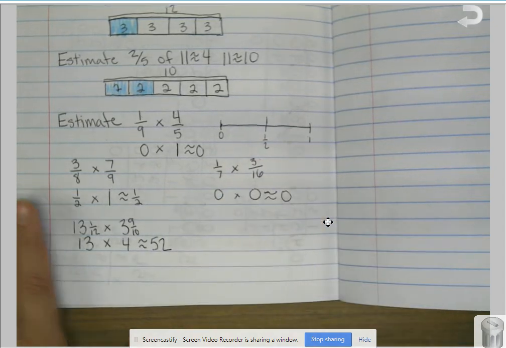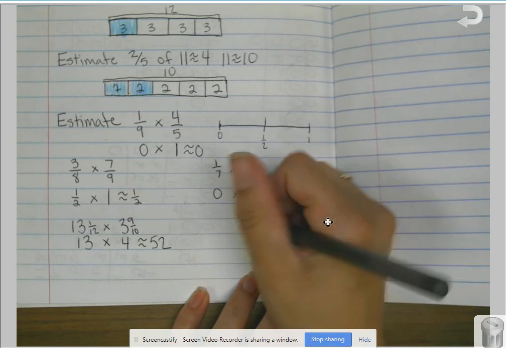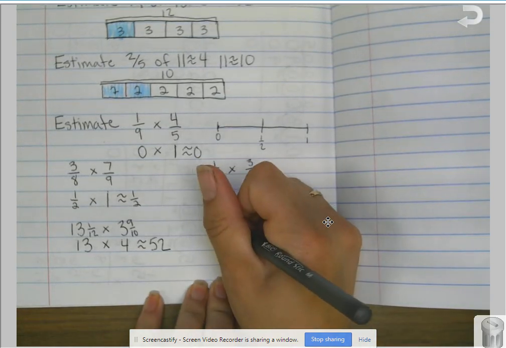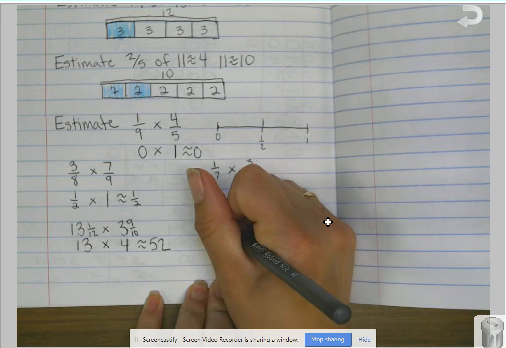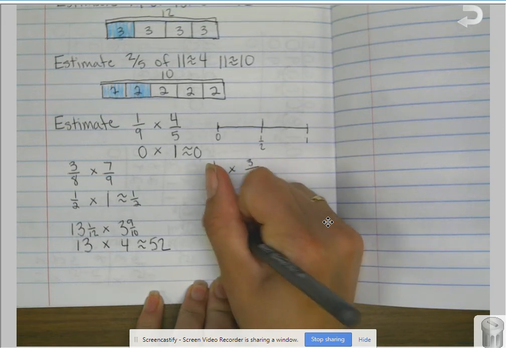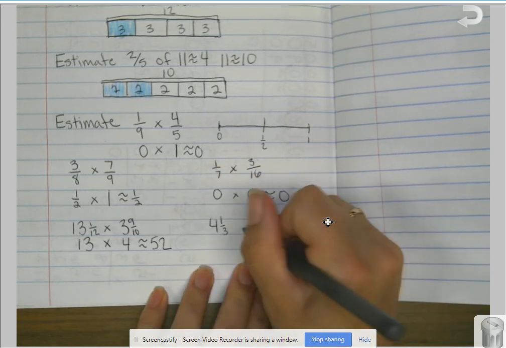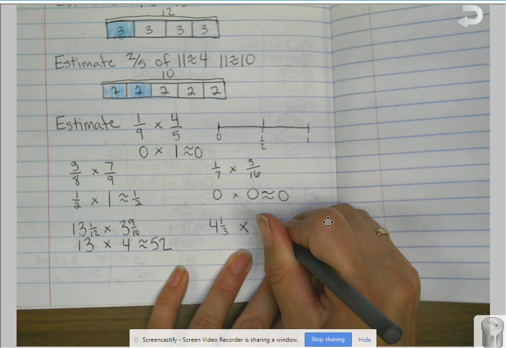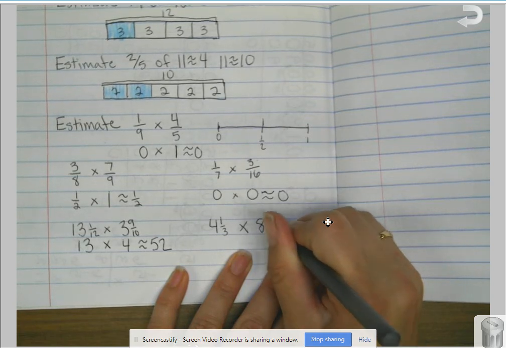Okay, try one more. How about 4 and 1/3 times 8 and 3/4.